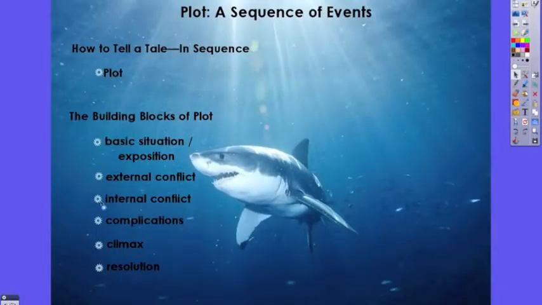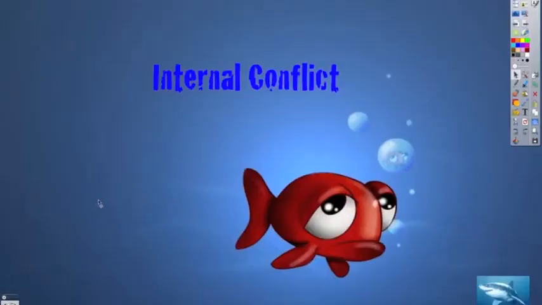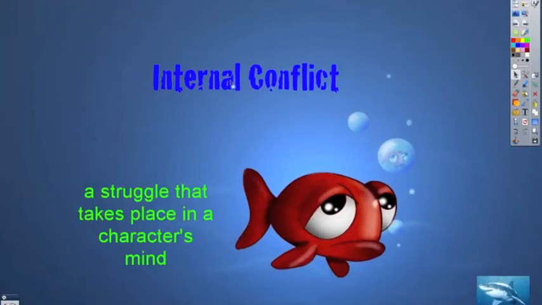Now, let's take a look at internal conflict. No big shocker here. Internal conflict is the opposite of external conflict. Therefore, with internal conflict, it is a struggle that takes place in the character's mind. See the little fish here? Oh, he's so sad. There's not a big fish going to bite him and eat him.